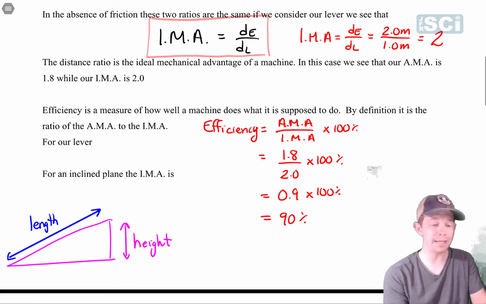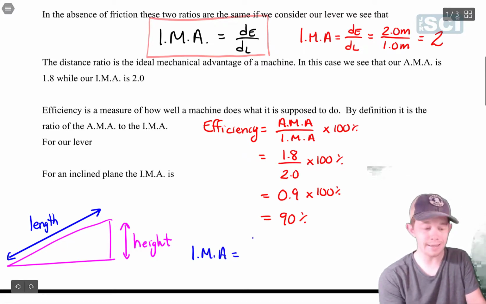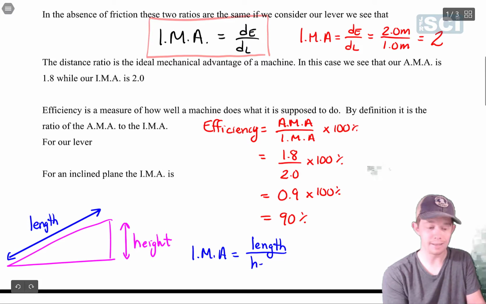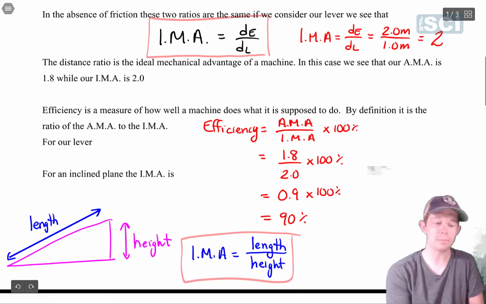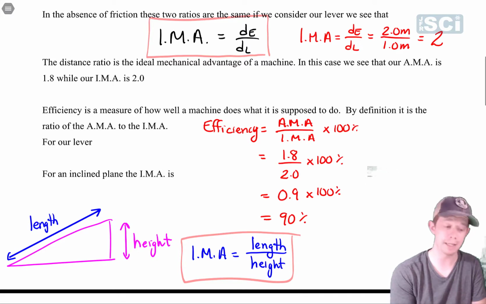So the ideal mechanical advantage for an inclined plane is given as the length of my inclined plane divided by the height. Okay, so this will be our definition for the ideal mechanical advantage if we're dealing with an inclined plane.